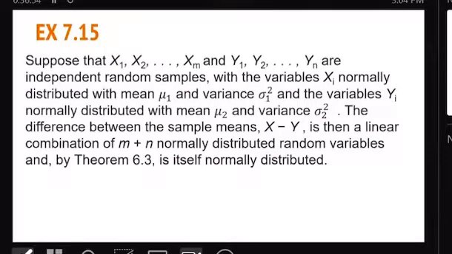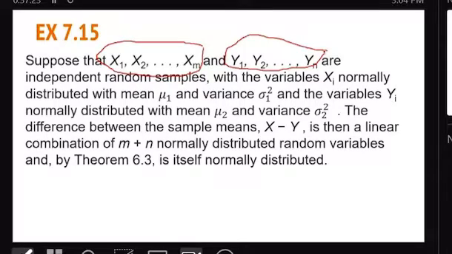I want to go into another question now, but this time around, we're going to be dealing with two independent populations, which we can also call two independent groups. The one we worked on was just one population, but right now we want to focus on two populations, and that is the reason why we're going to choose a random sample from the first population and from the second population.